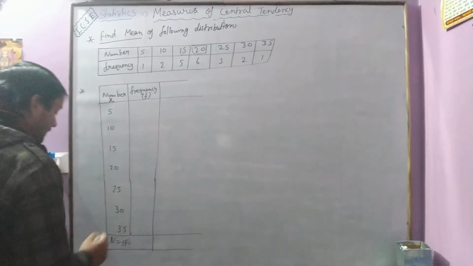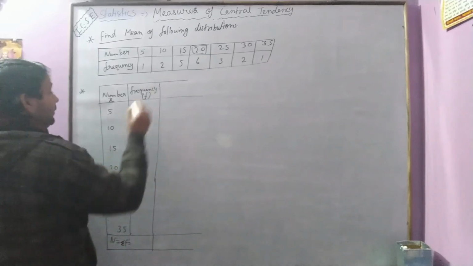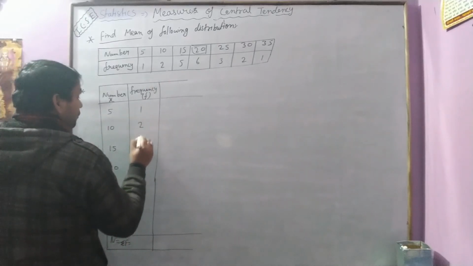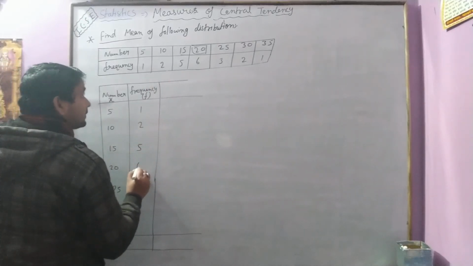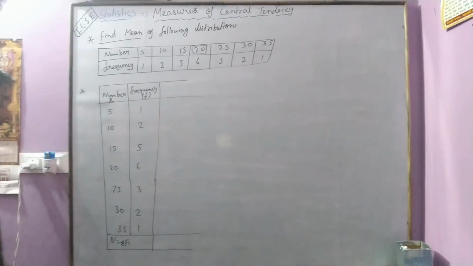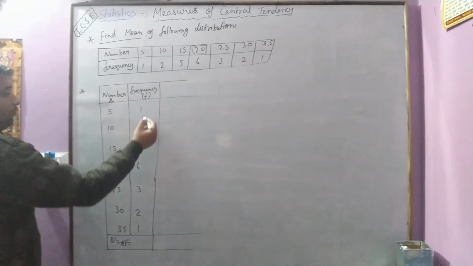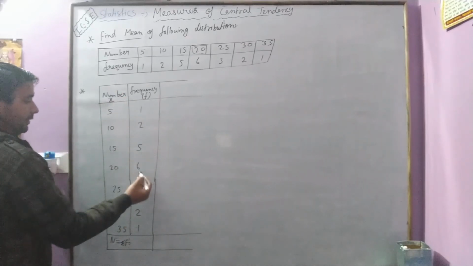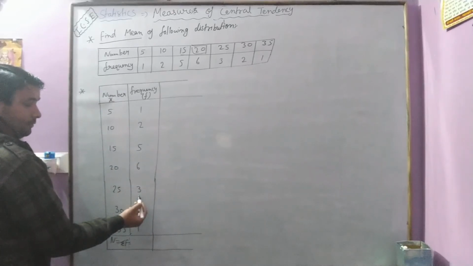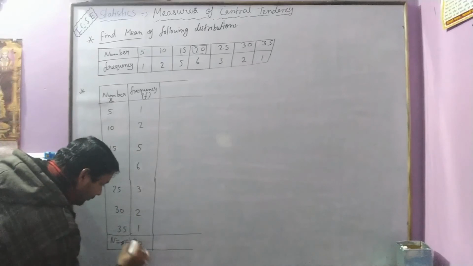Now frequencies are 1, 2, 5, 6, 3, 2 and 1. Here you need to write the sum of the frequency, that is 1 plus 2 is 3, 8, 14, 17, 19 and 1 is 20.